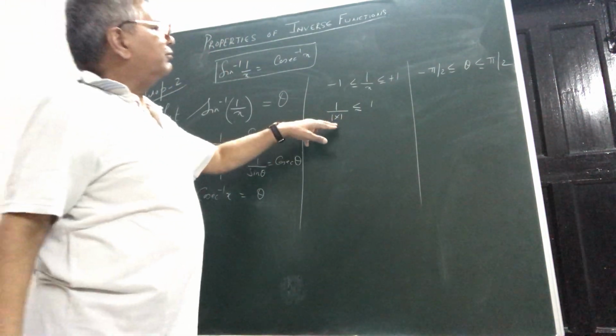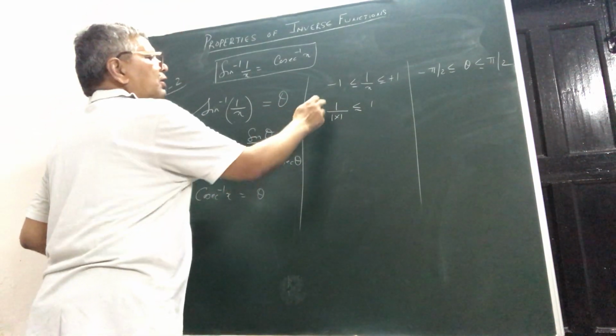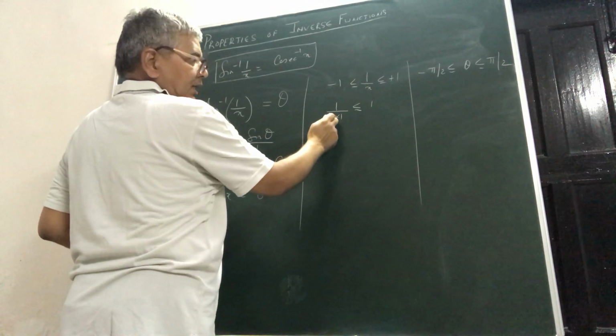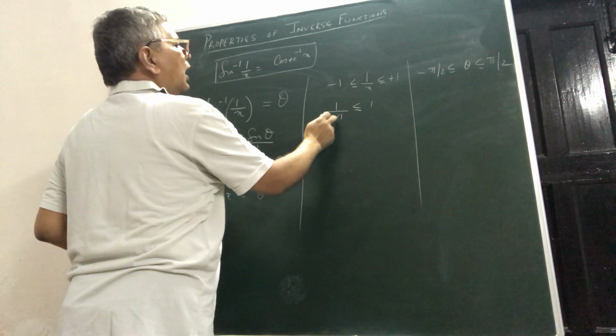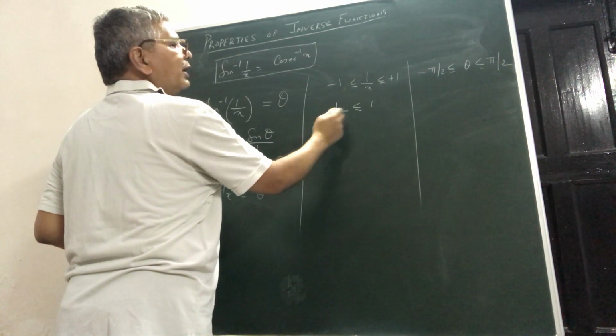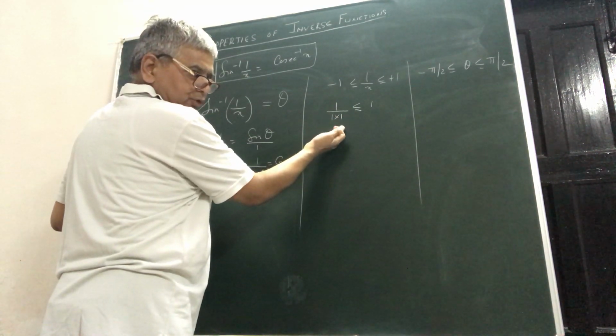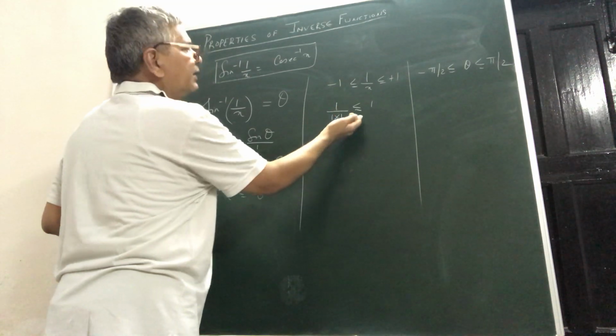So please see what mod x will be, because when you are dividing and the value is less than 1, this value mod x will be between 0 and 1. So once you are dividing by a number less than 1, the value will go beyond 1.